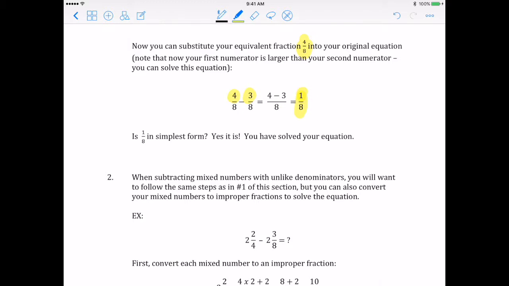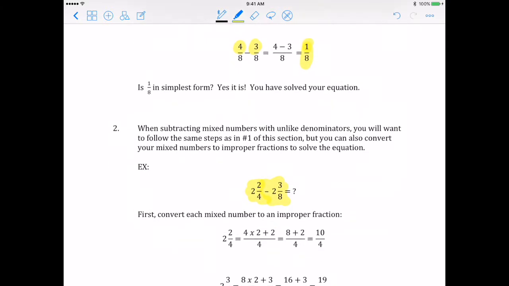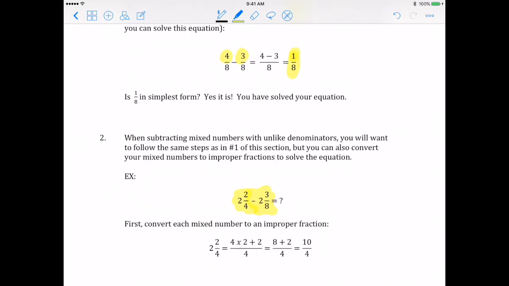So, for example, you have the problem 2 2/4 minus 2 3/8, and we want to know what that answer is. So first, we're going to convert each mixed number to an improper fraction. And here's how we do that.